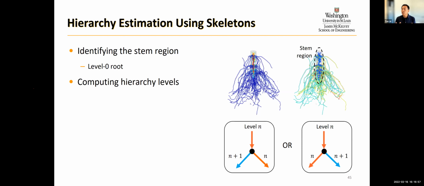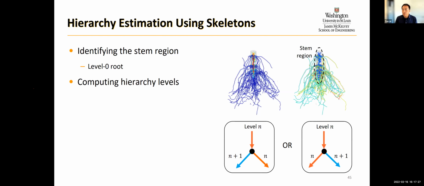So at any junction, there's going to be an incoming edge and an outgoing edge that forms the branch that was grown first, and the other outgoing edges are growing later than this first branch. In terms of level, the outgoing branch continuing the incoming branch will be given the same level as the incoming edge, and the other outgoing edges will be given a higher level, as shown in this diagram.